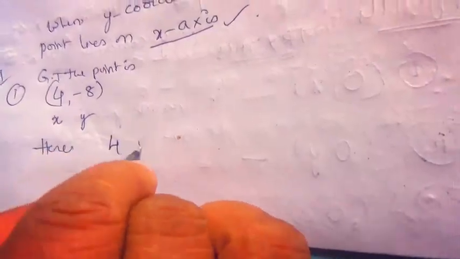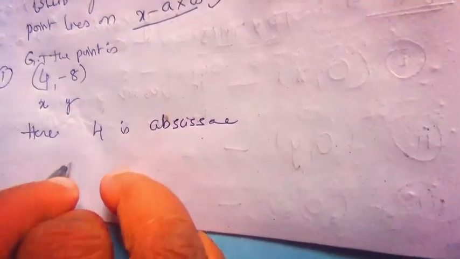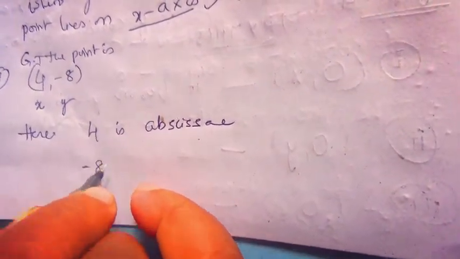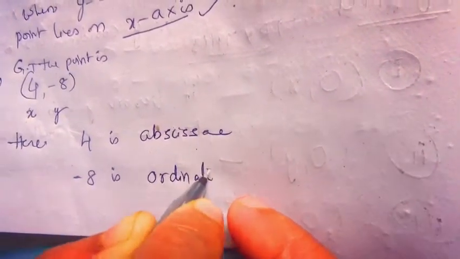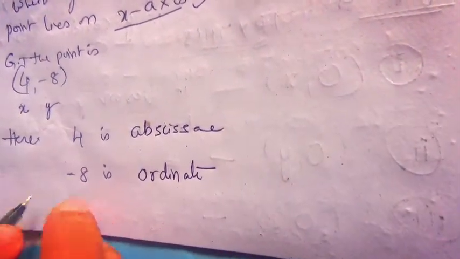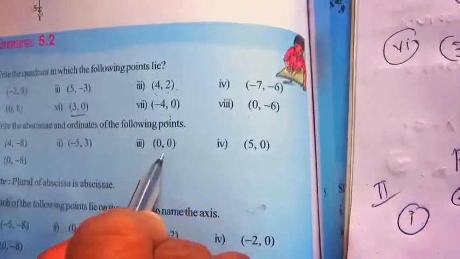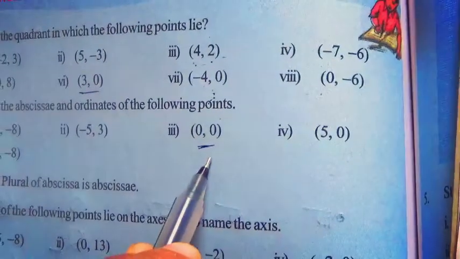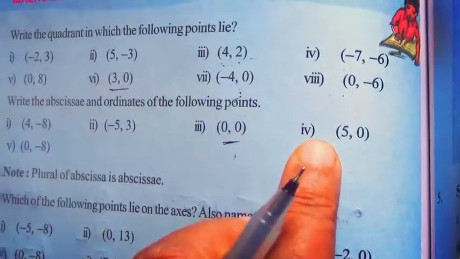Here 4 is the abscissa and -8 is the ordinate. That's it, it is the answer. Just like this you have to write this one. Here it is the origin. So the second Roman numeral is finished.